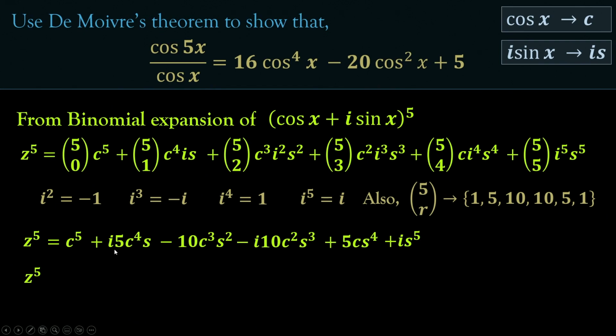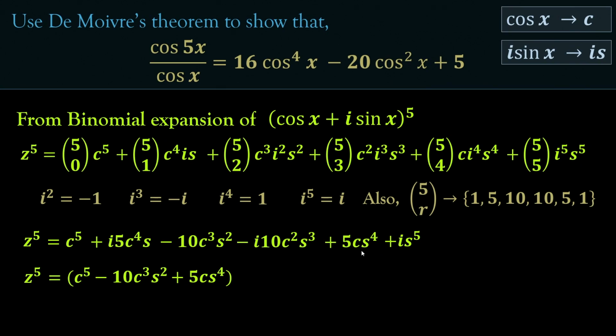This one has an i on it, this one does not, and this one does not. So I can collect c to the power 5, minus 10 c cubed s squared, and 5 c s to the power 4. So c to the power 5 minus 10 c cubed s squared, and then plus 5 c s to the power of 4. That is the real part.